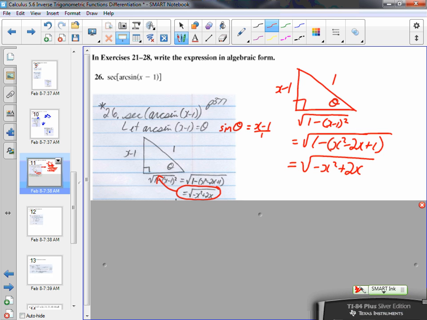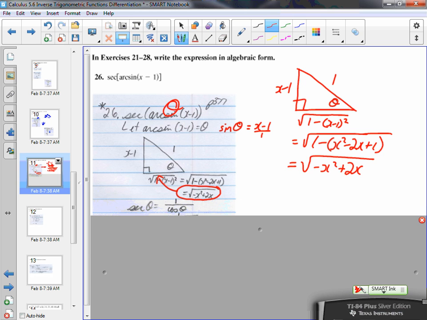All right, so we're supposed to write the secant of the arc sine of x minus 1. We've decided to let the arc sine of x minus 1 equal theta, so we're supposed to write the secant of theta. And again, we're not huge fans of secant. So that's 1 over cosine theta.